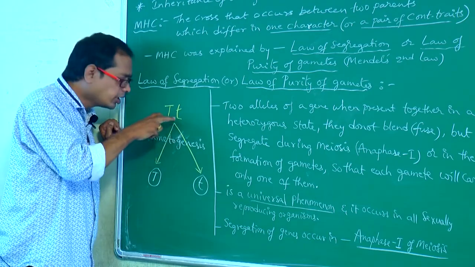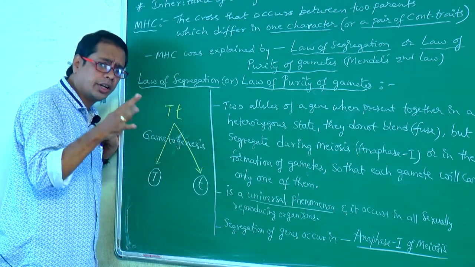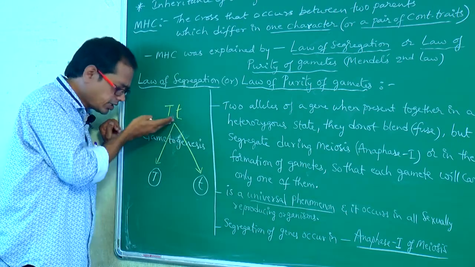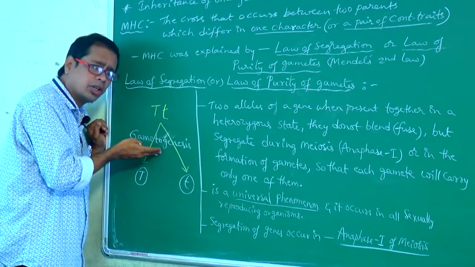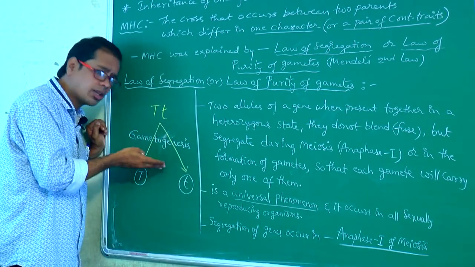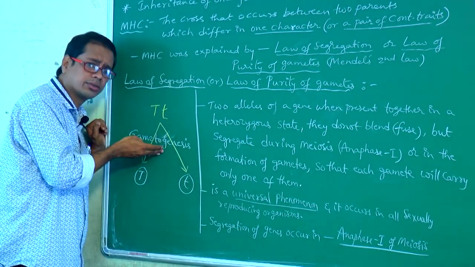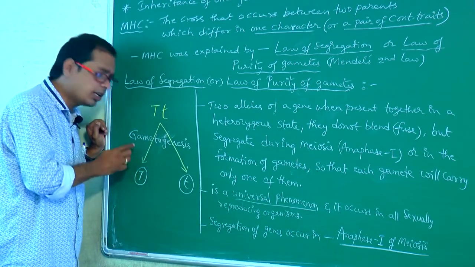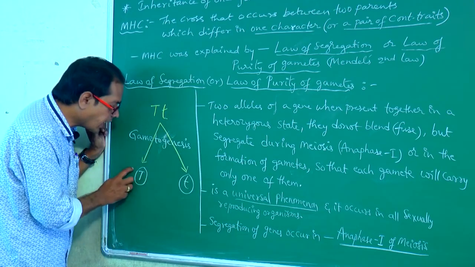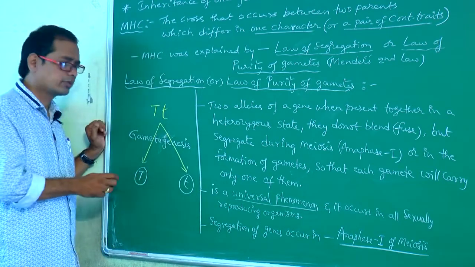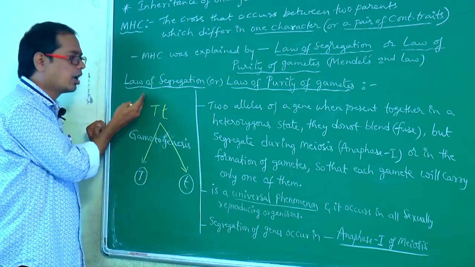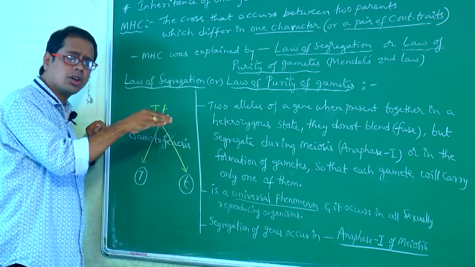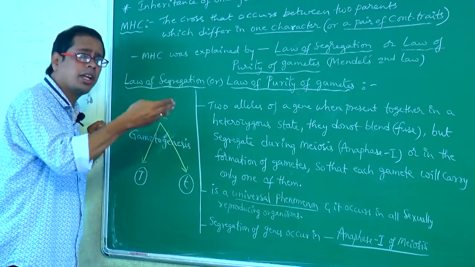Heterozygous state. They separate during gametogenesis or in the process of meiosis, and each gamete will carry only one allele. This is so called law of segregation, also called law of purity of gametes.